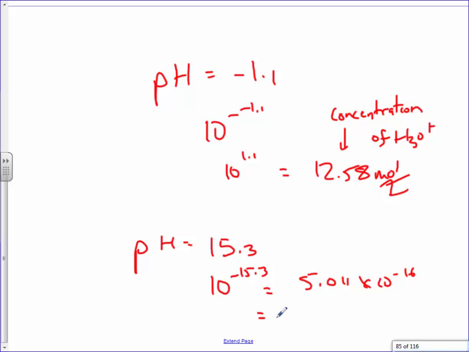So that just means that your concentration is 0.0003, 4, 5, 6, 7, 8, 9, 10, 11, 12, 13, 14, 15.